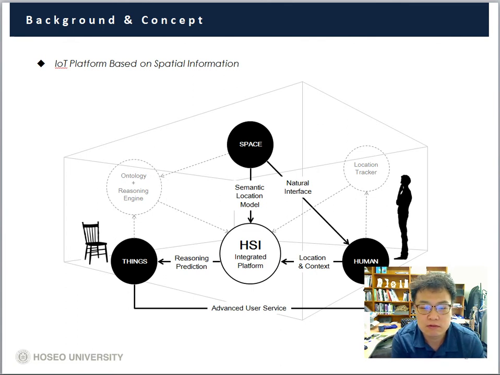So the ultimate goal of this project is to develop an IoT service platform. This means a platform, an information communication system, which serves the users at any location and in any situation.